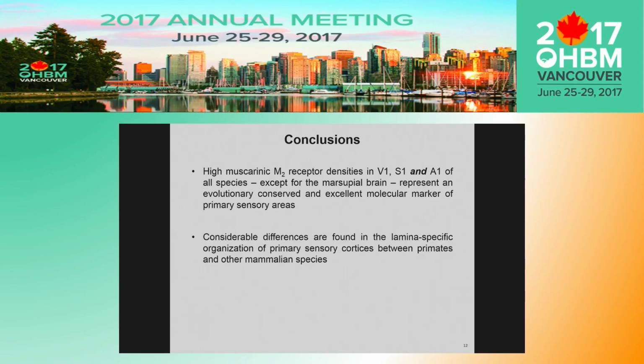And we have to take these considerable differences in laminar distribution patterns into consideration when we're using animal models to examine the function of primary sensory areas in primate brains and those of other species.